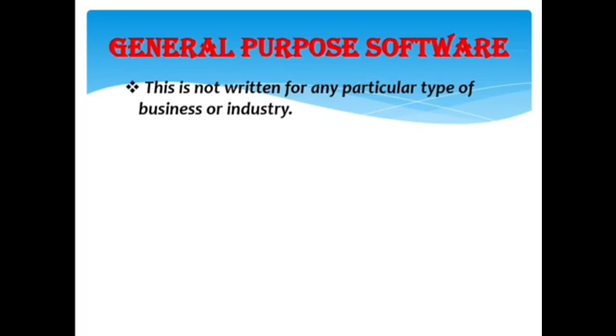Now, let's see general purpose software. In the name itself, we can say it is useful for all users, for general purpose. This is not written for any particular type of business or industry. For example, Paint, students also work in it, adults, your mummy also works in Paint, no?